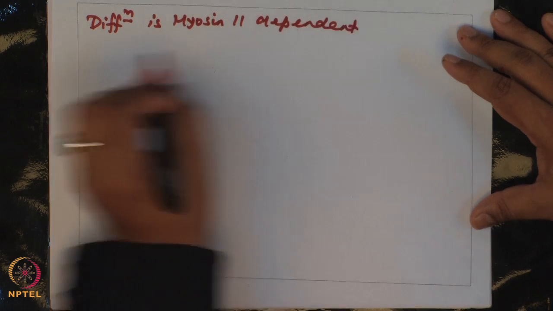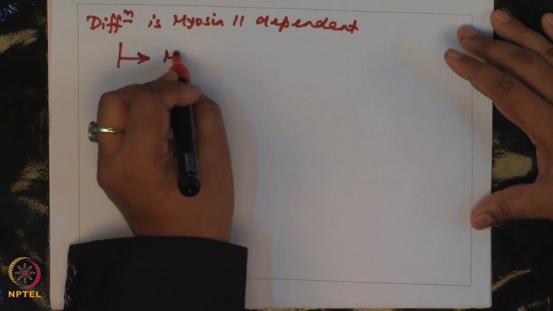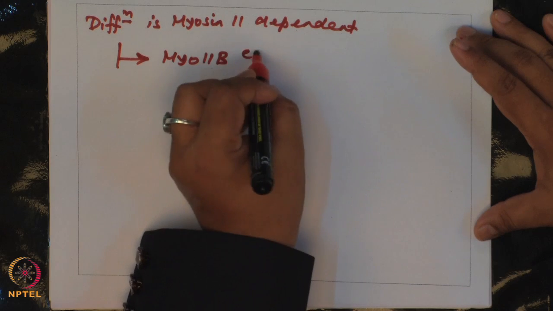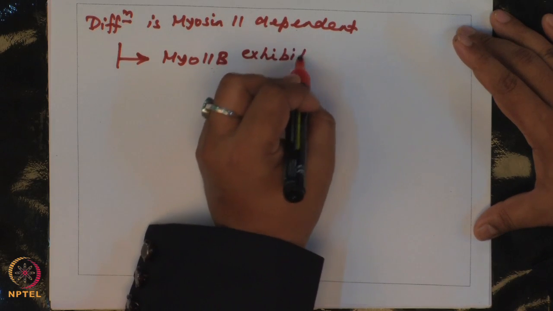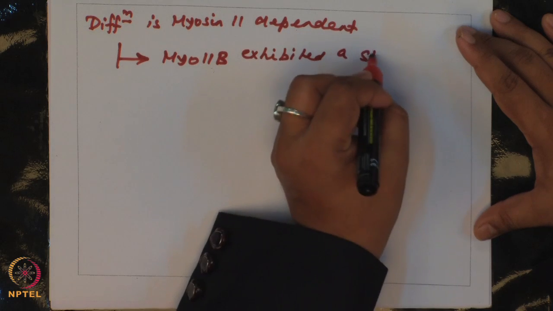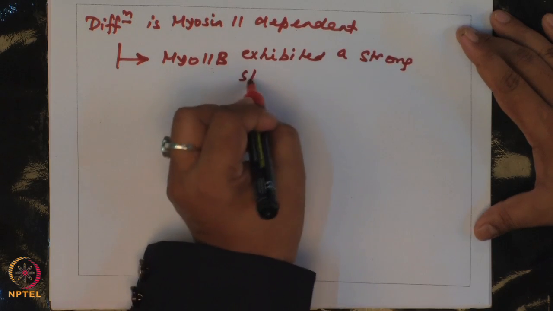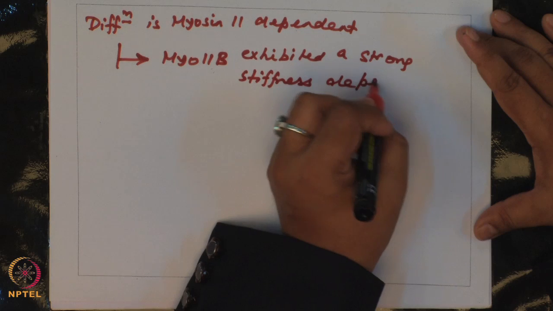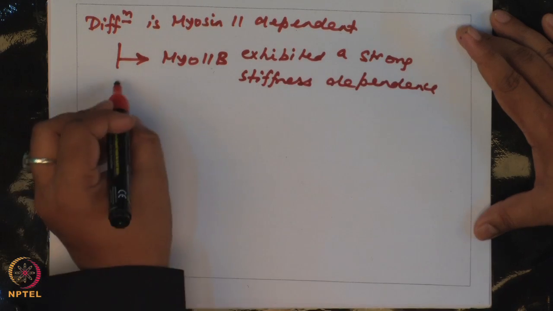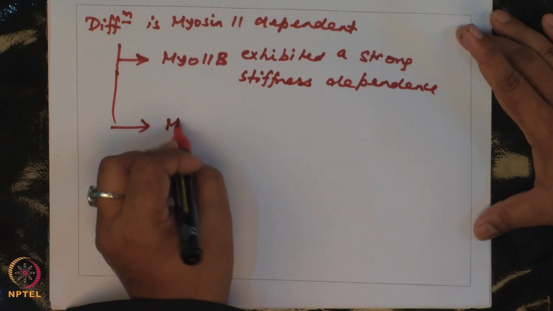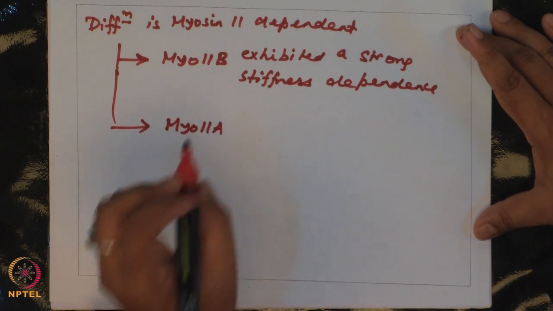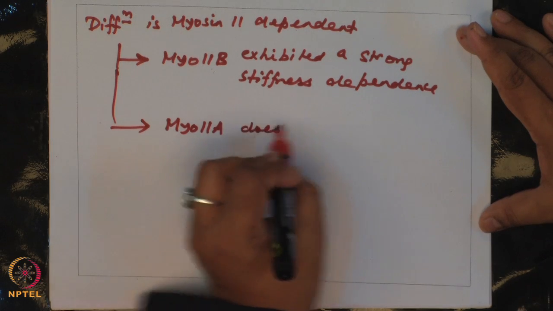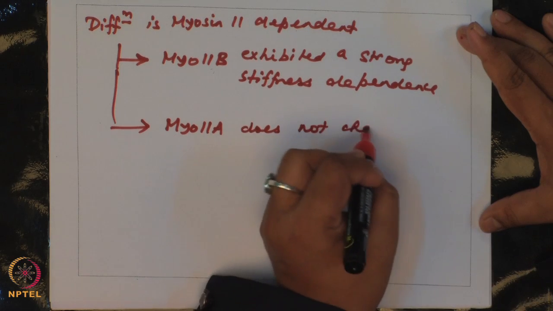What the authors found was that myosin 2B exhibited a strong stiffness dependence, in comparison to 2A, which does not change drastically with stiffness.